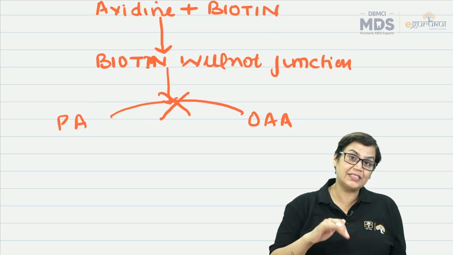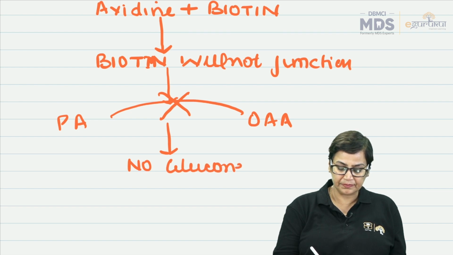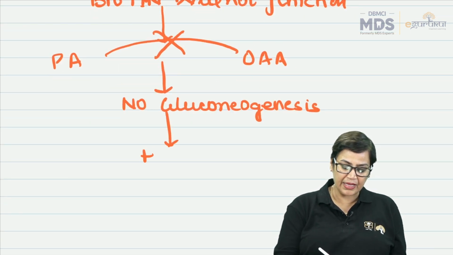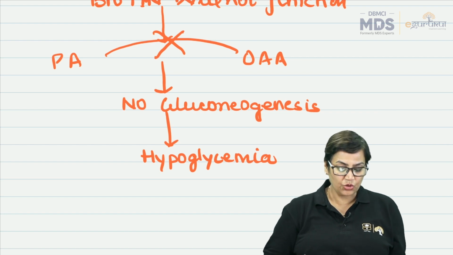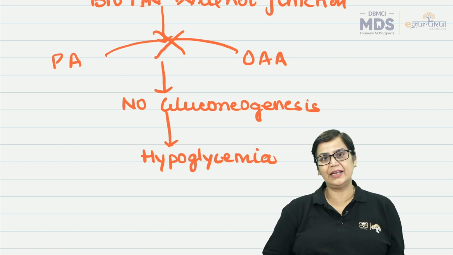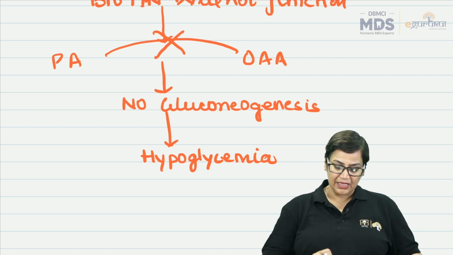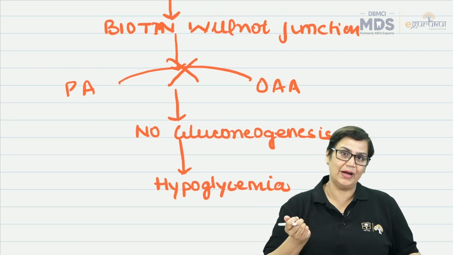And if pyruvic acid to oxaloacetic acid does not take place, we can say no gluconeogenesis, which will lead to hypoglycemia. So you can see how these are interrelated. So we can say that this hypoglycemia will be due to the inactivity of biotin.